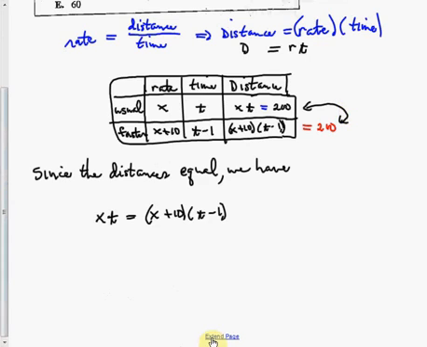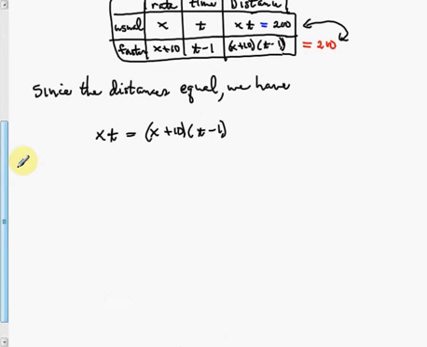So if that's the case, I solve this. I do the best I can. So this is x times t is equal to the right side. We FOIL that out. First times first is x times t. Outer times outer is x times negative 1, that's minus x. Inner times inner is 10 times t, plus 10 times t. And then last times last is negative 10.